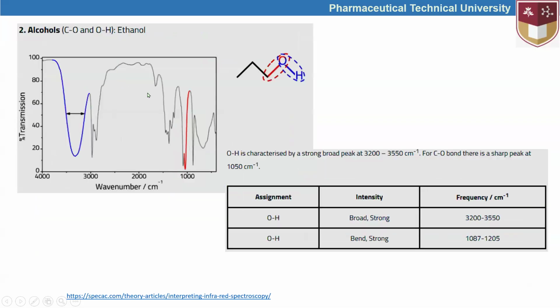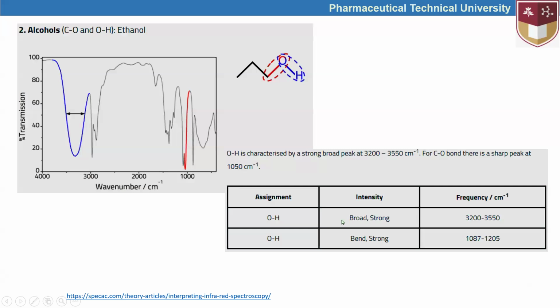And here we can see two different absorbance peaks belonging to carbon-oxygen bonds as indicated here with the red colors, or oxygen-hydrogen bonds as indicated with this blue color.